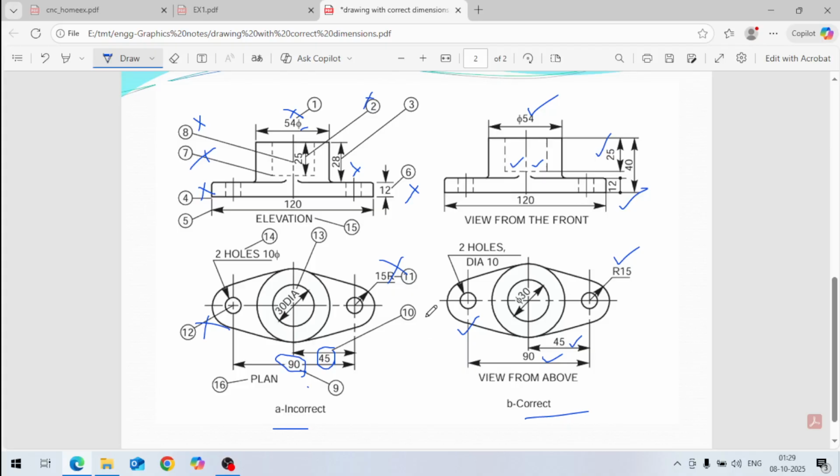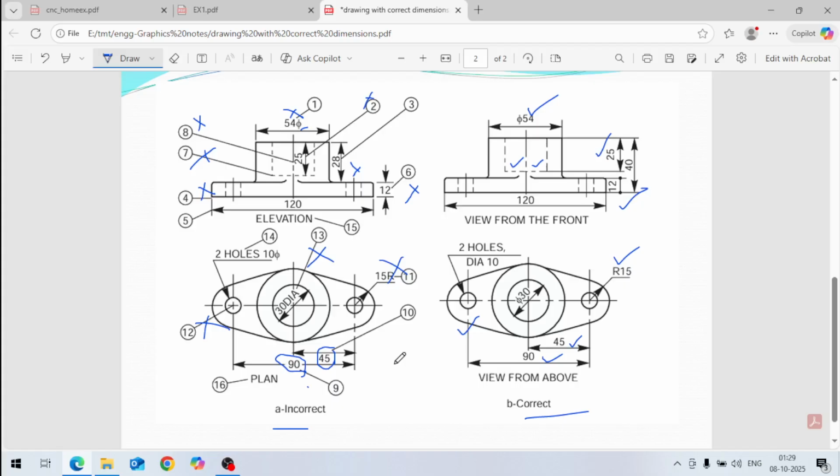And then at 13, if you see, here it is written 30 dia. This is wrong. It should be written first the symbol dia and then 30, dia 30. It should not be 30 dia. So this is wrong at number 13. Okay.